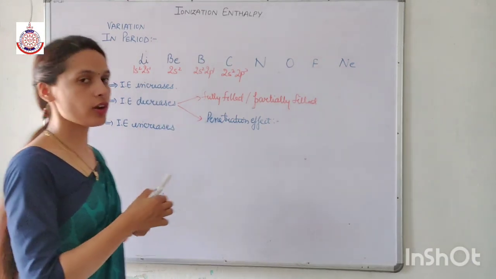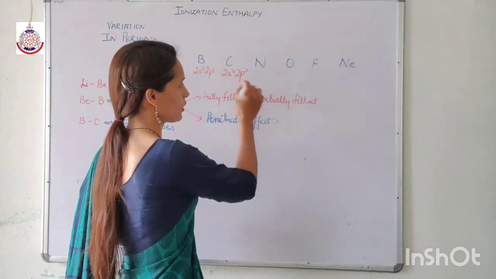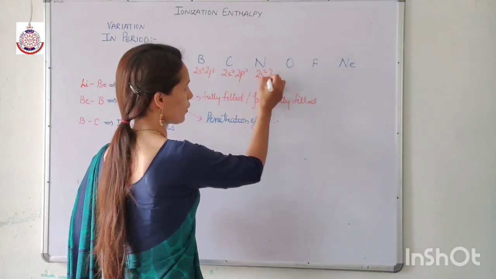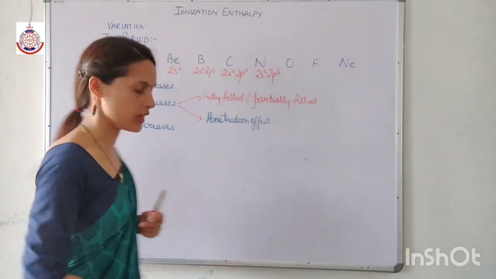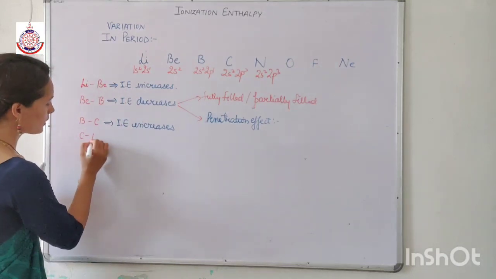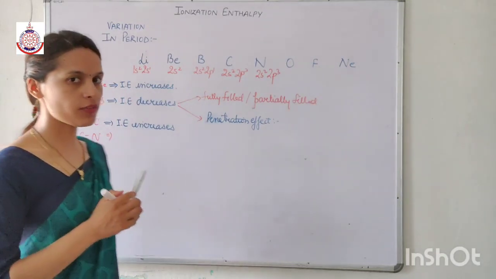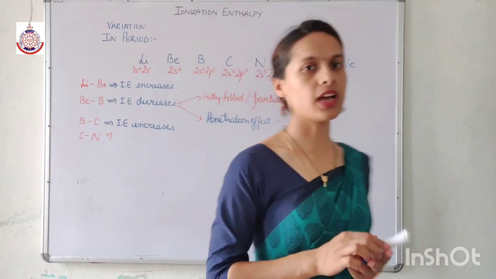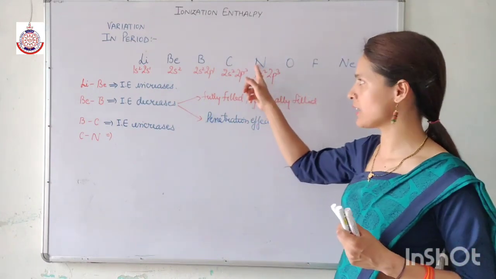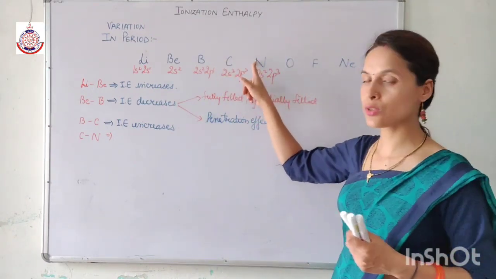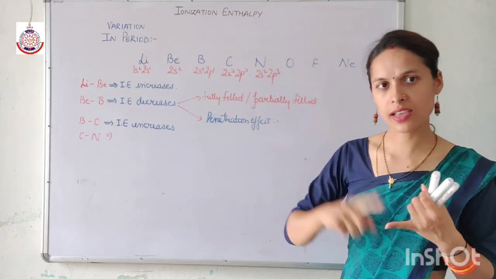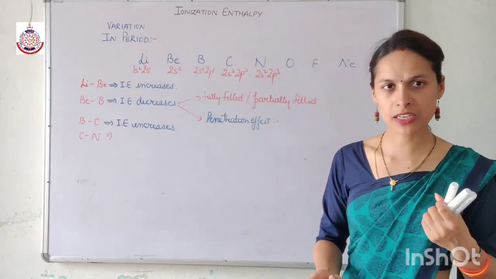Now next, if I talk about nitrogen, its electronic configuration is 2s2 2p3. When we move from carbon to nitrogen, both factors favor the greater ionization enthalpy of nitrogen. Atomic size decreases, as a result of which ionization enthalpy increases.